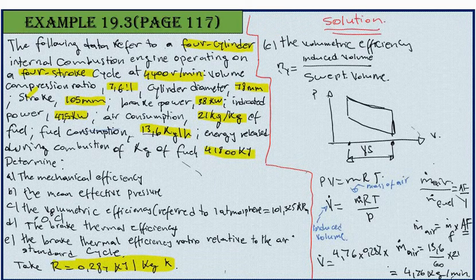So in the previous slide, we stopped here. So we need to find the induced volume in order to determine the volumetric efficiency. I couldn't write the expression on this space because it is too small.